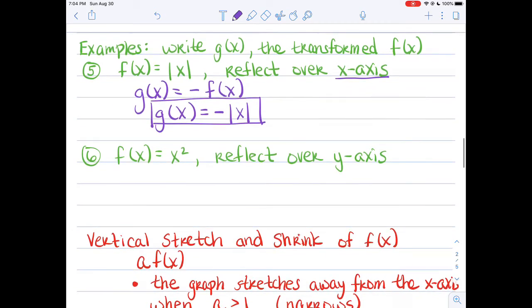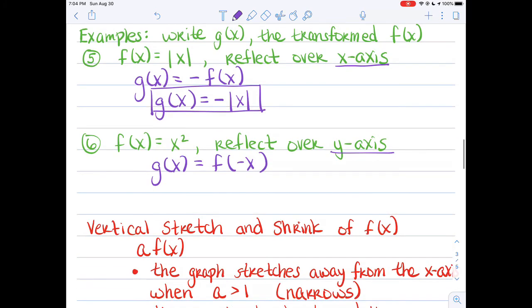Now, in order to look at a reflection over the y-axis, this one is starting with our parent function of x squared, which is quadratic, and we're reflecting now over the y-axis. And so g of x is equal to f of negative x, again that negative sign inside the grouping symbol.